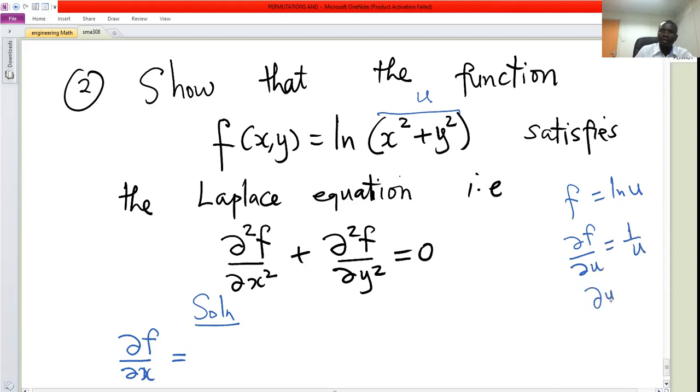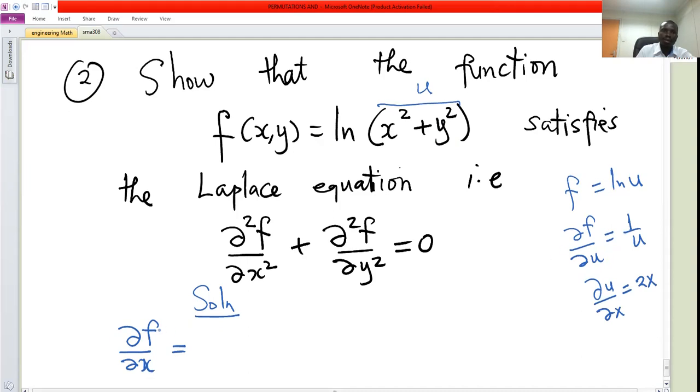And then partial u partial x, using the chain rule, will be 2x. So partial f partial x is partial f partial u times partial u partial x, which is 2x over u, and u is x squared plus y squared.